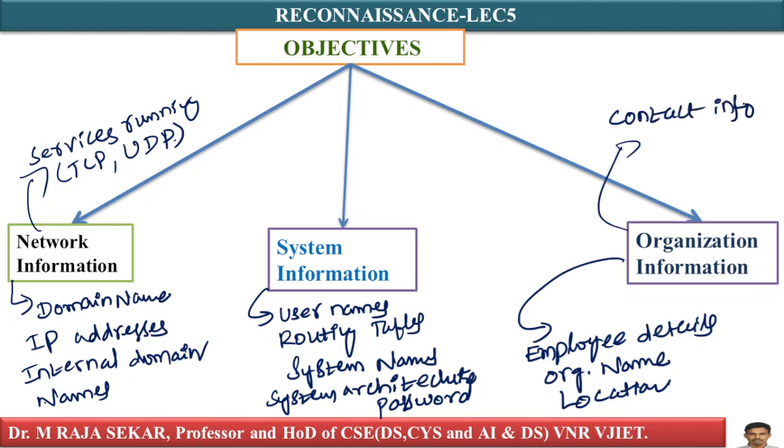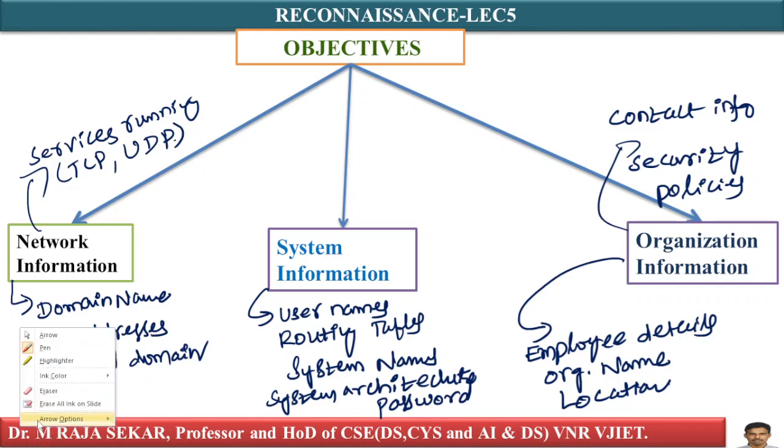Contact info also comes under organization information. Every organization has its own security policies. That may be related to security policies. All this comes under the objective of organization information.